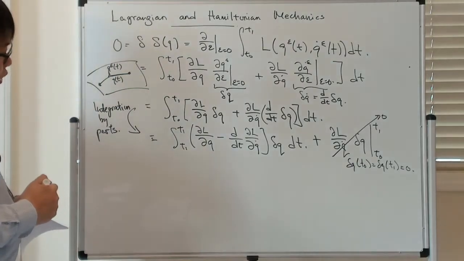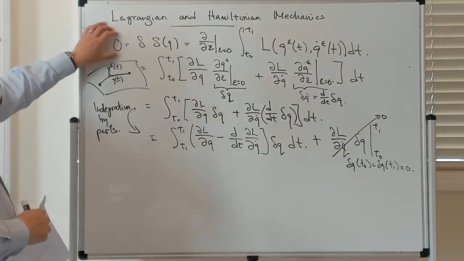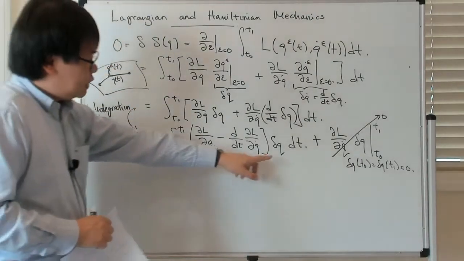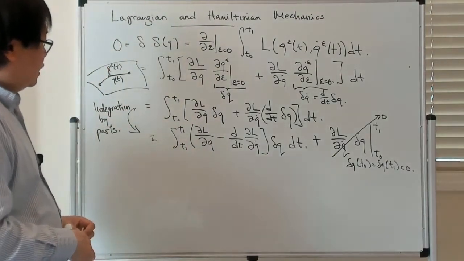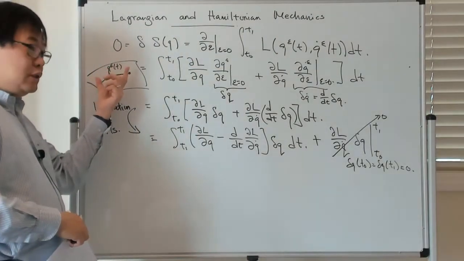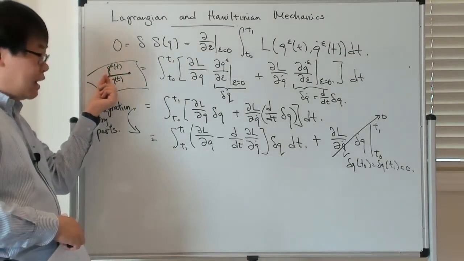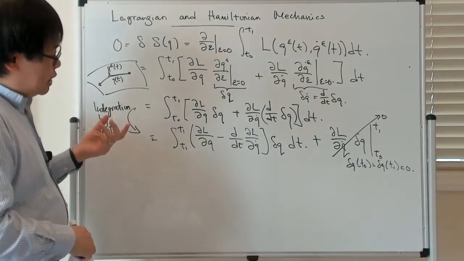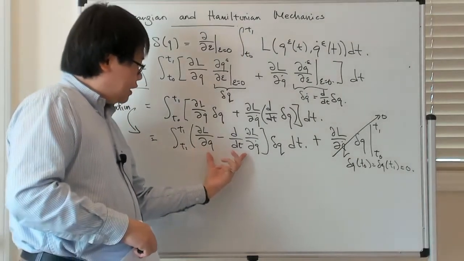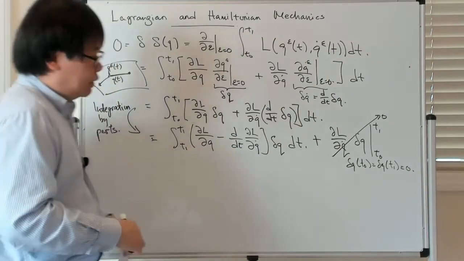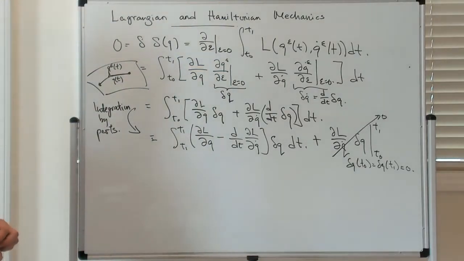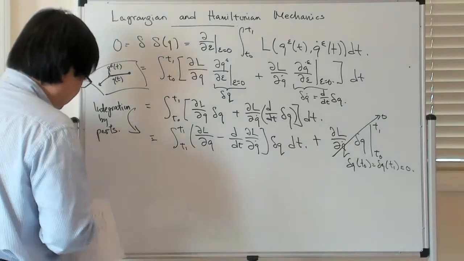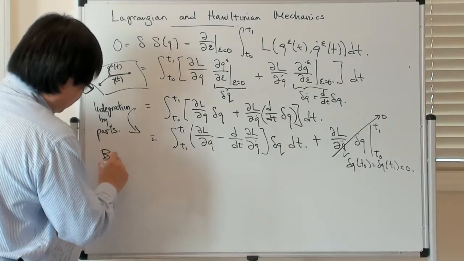So the idea is the following: if this thing is equal to 0 for any variation which keeps the endpoints fixed, then by choosing these variations so that they are localized, this thing in the parentheses has to vanish as well. This is the statement of the fundamental theorem of the calculus of variations.